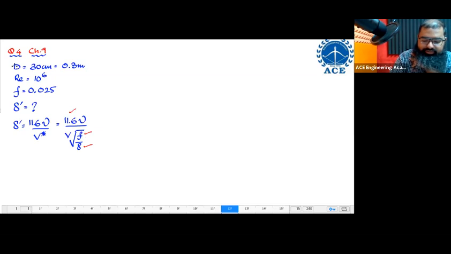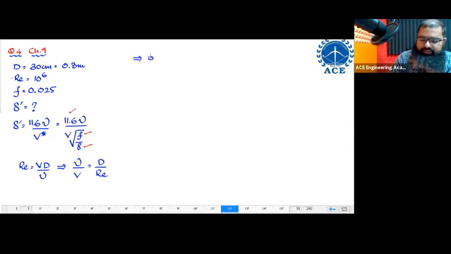But he has given me diameter and Reynolds number. Let us make use of this. I can write Reynolds number is equal to V into D divided by nu, which implies nu by V, which I don't know, also happens to be equal to diameter upon Reynolds number.